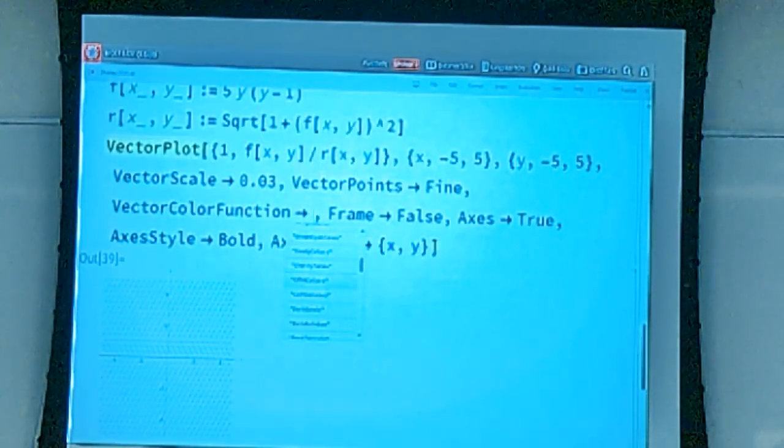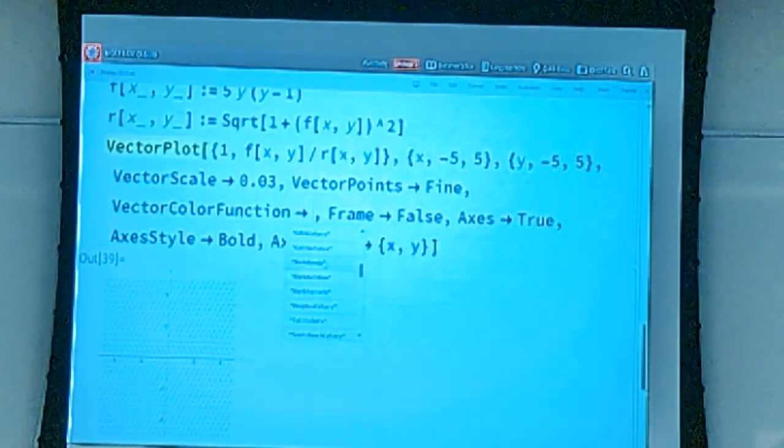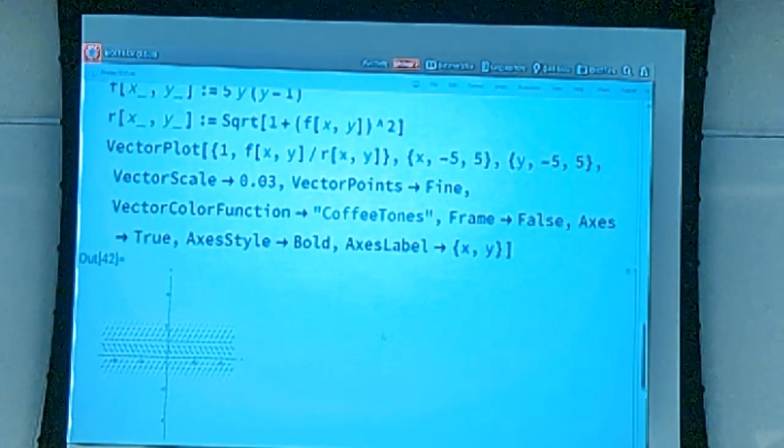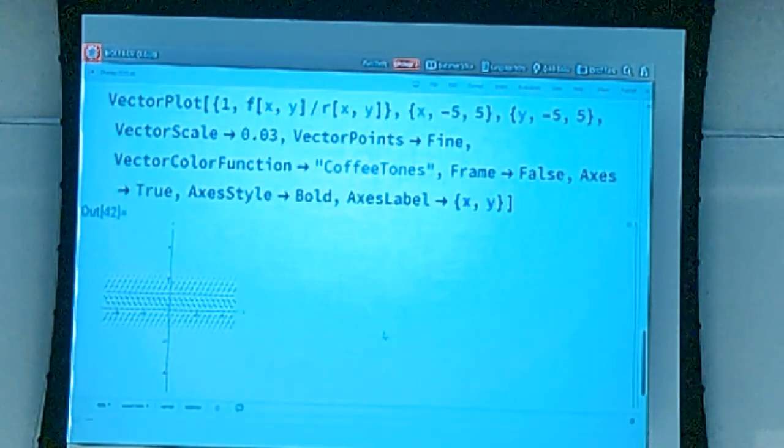I'm hoping there's cherry blossom. Coffee tones. Okay, I'll just do coffee tones. You know, coffee. The lifeblood of every grad student. Specifically Irish coffee. So again, you can have some fun with it.